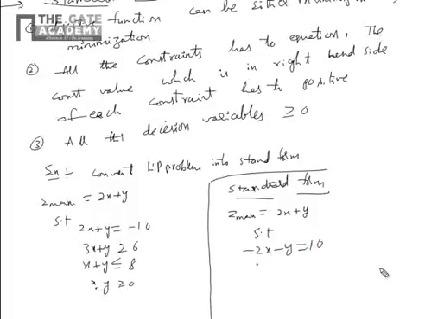Next all constraints has to be equality sign. So 3x plus y is a greater than or equal to constraint. If it is greater than, that is bigger, subtract some value. So that subtraction value s1 is called surplus variable.